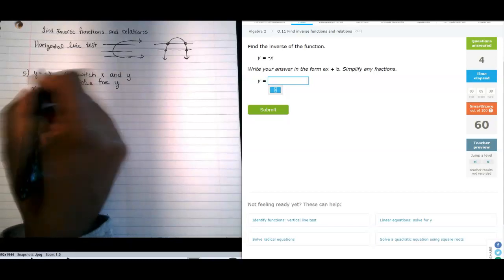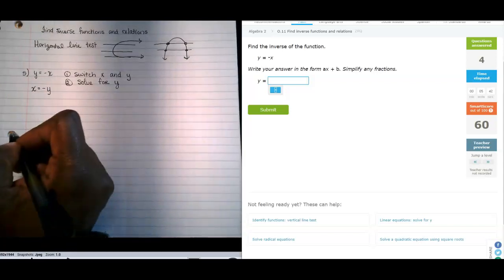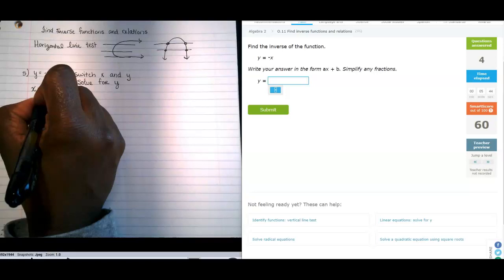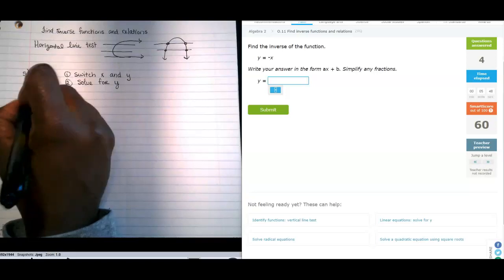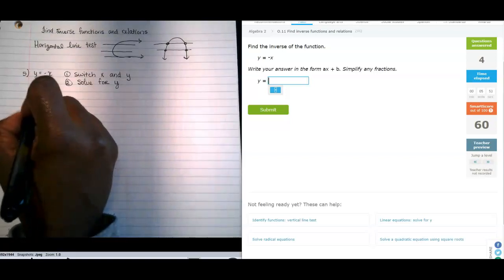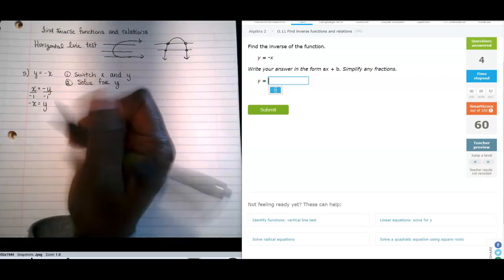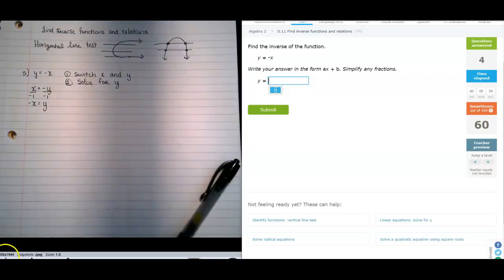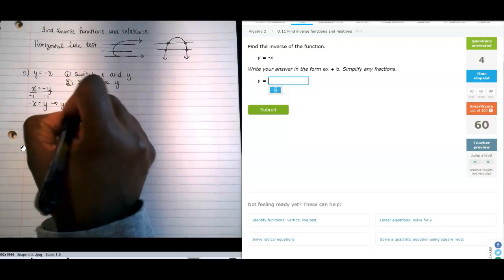I'm going to keep my negative and put the y over here. Now I'm going to solve for y. To do that, I could divide by -1 on both sides, and that would give me negative x is equal to positive y. They're just asking me to write this, so I would write, or you could turn it around if this confuses you, y is equal to negative x.